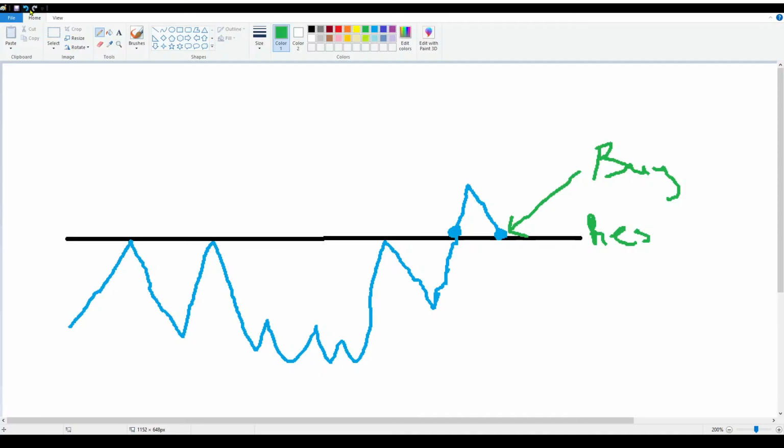And then the third way would be to wait for the market to break out and retest. After the retest has been done, you want to wait for the market to go above the high that it created after the breakout.